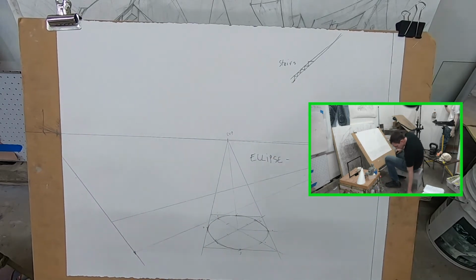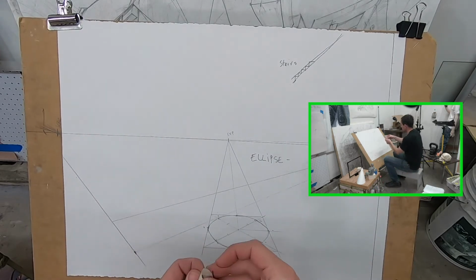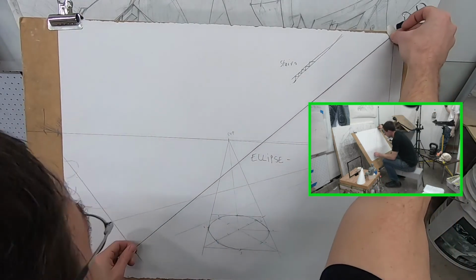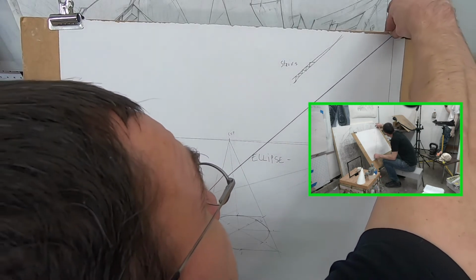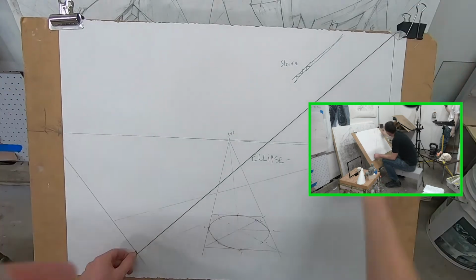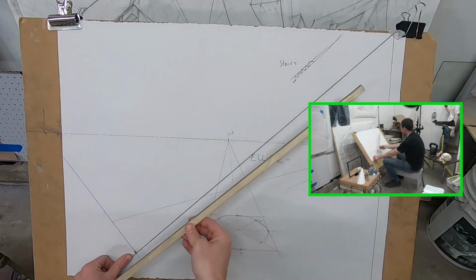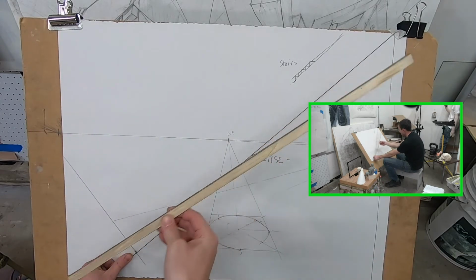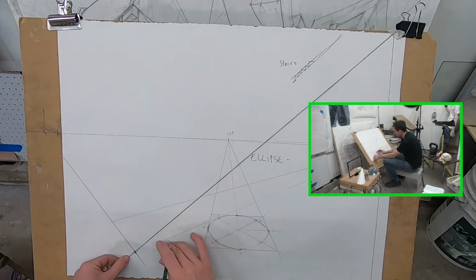And while we're doing this, I'm going to use a string on this one. Again, I encourage you to use strings for vanishing points that are distant or that are just further away than your ruler. All right.